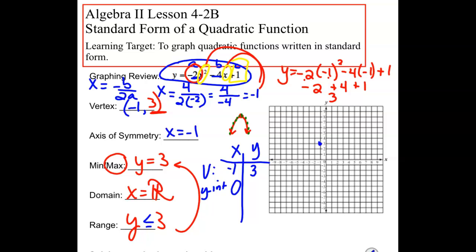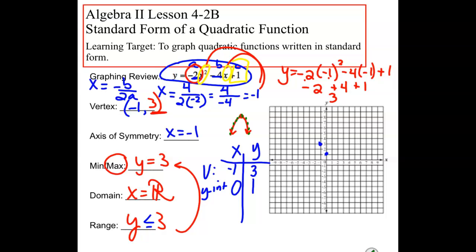So we have a value for y of 1. So we'll plot 0, 1. Remember, we have a line of symmetry that goes through that vertex. And we can mirror our values across that line. So we would have this point if we mirror our y-intercept.